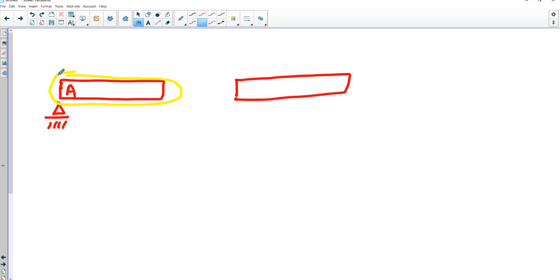There's member A over here, and something's going on here, but we're going to replace this with a force in the X and a force in the Y direction. And I like to refer to those as RAX and RAY. Okay, so that is a reaction force.